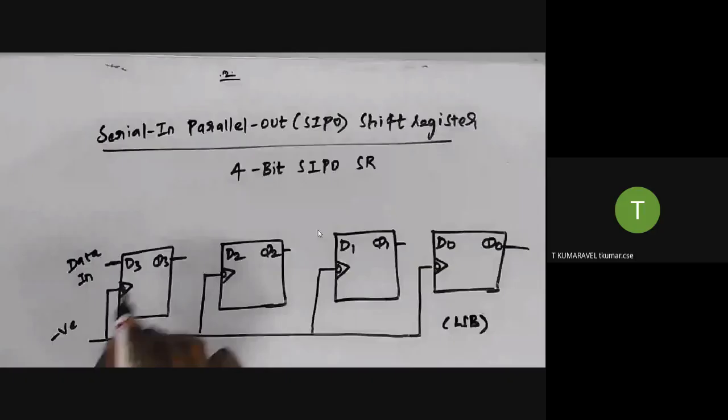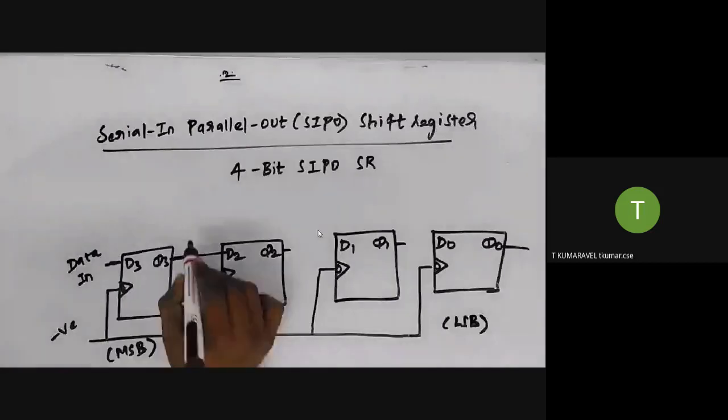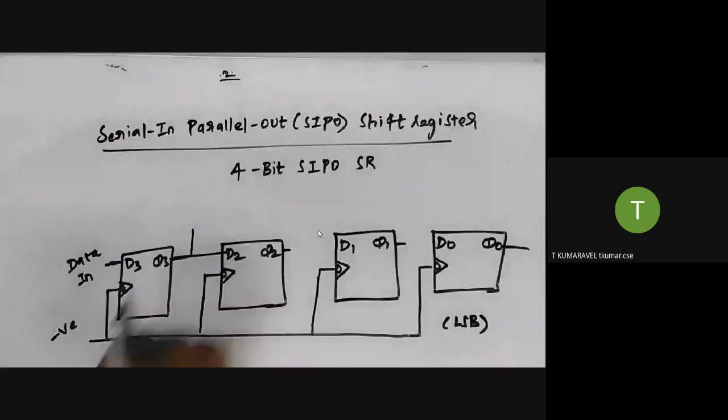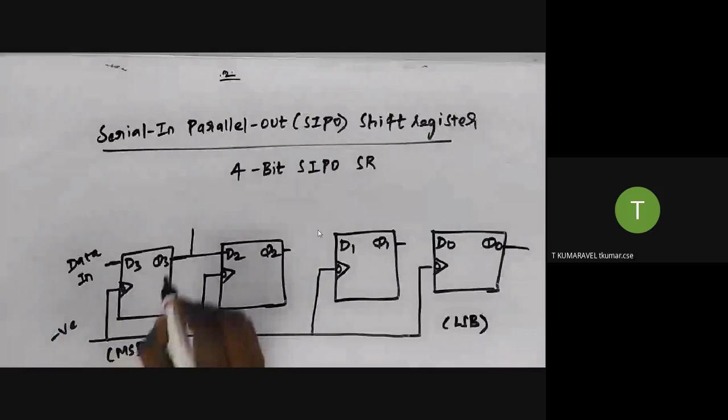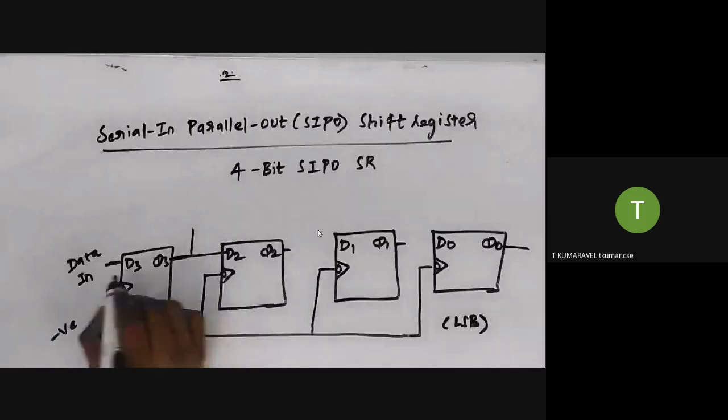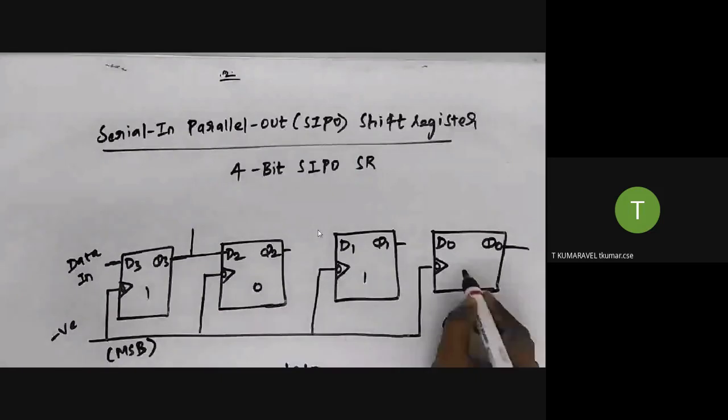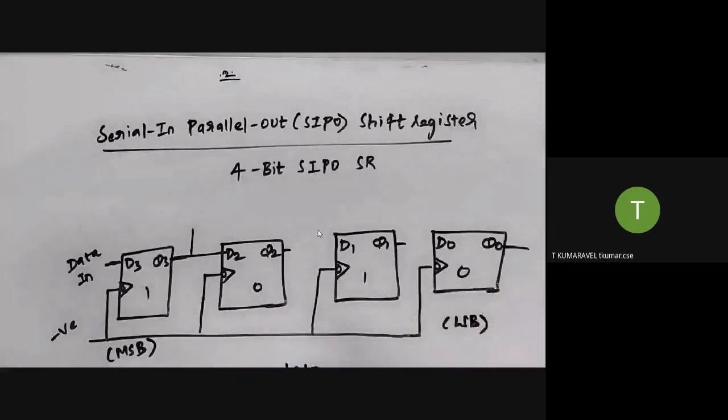Once the data is stored in the block, in parallel we will take the output. For example, once the data is stored in the flip-flop, at that moment itself I can get serial in and parallel out.